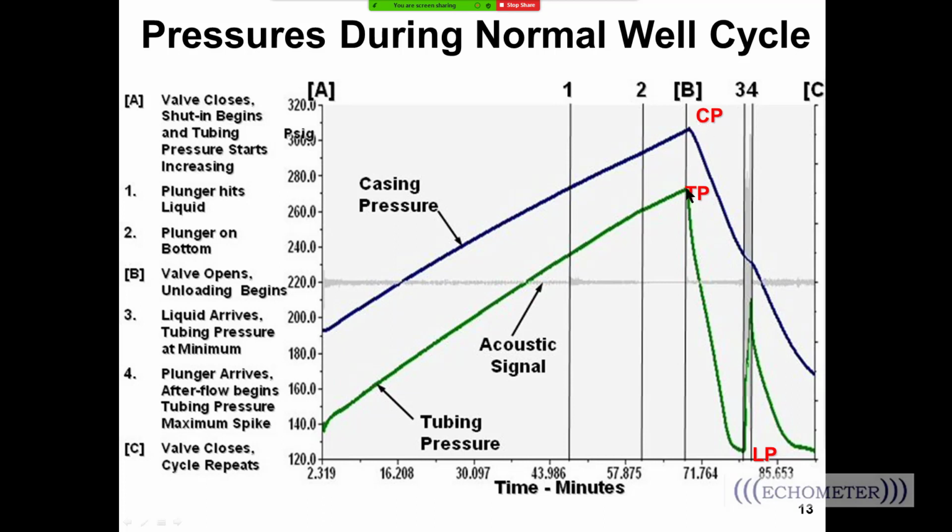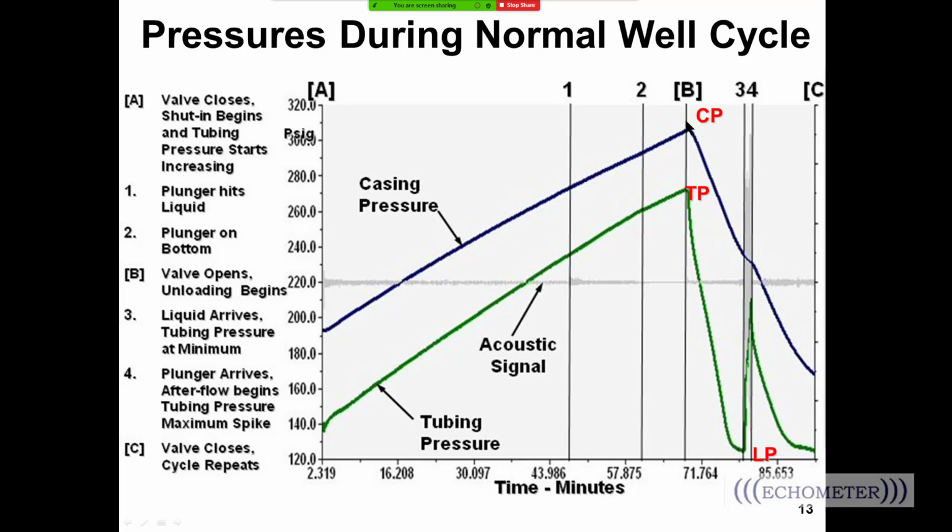And when you open the valve to bring the plunger up, a rule of thumb is called the load factor. The load factor is the ratio of this distance here, which is casing minus tubing, compared to this overall distance called casing minus line, which is the lift energy. And so this distance here should normally, by rule of thumb, be less than half this distance.